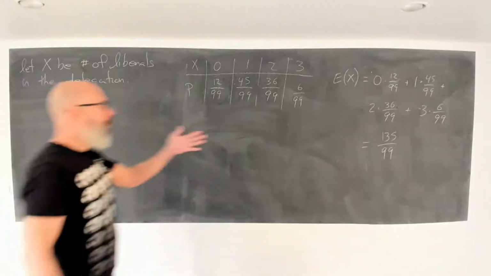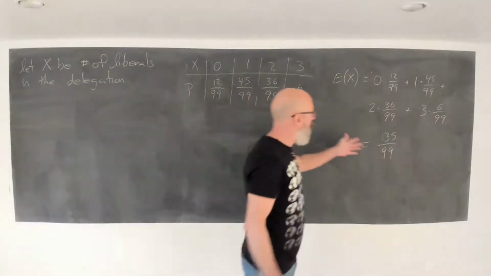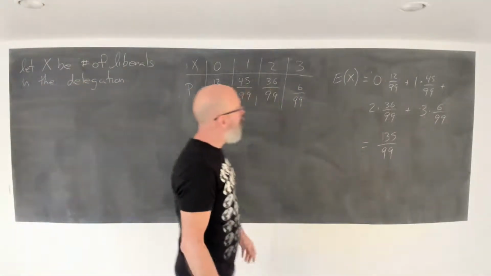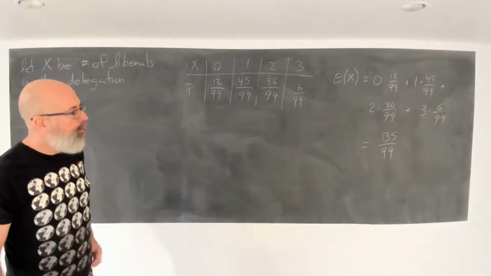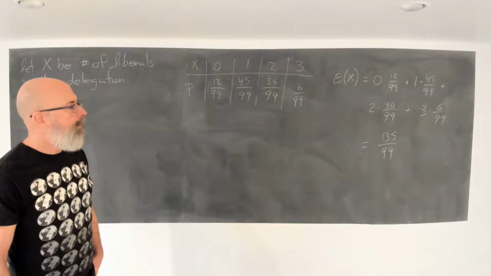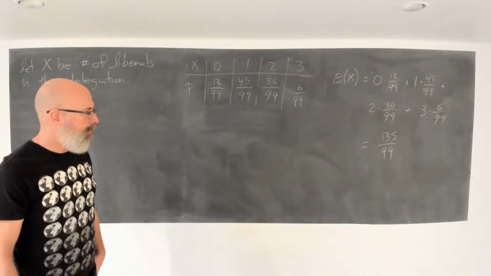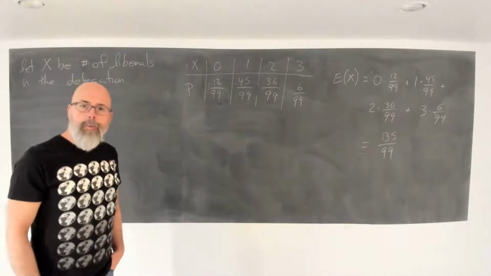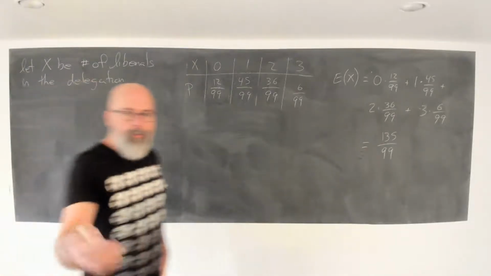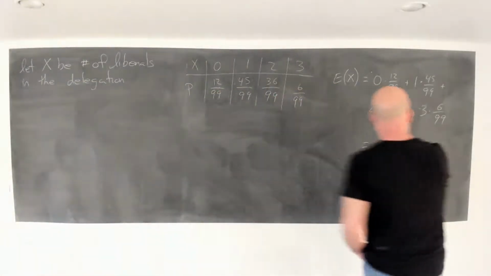Right, so we have worked out the expected value of the number of liberals in the 3-member delegation. I mean, let's make sense of this number here. I mean, 15 over 11, fine.